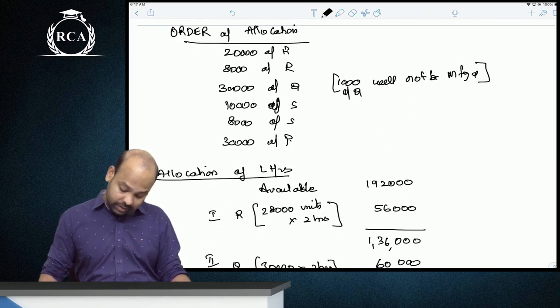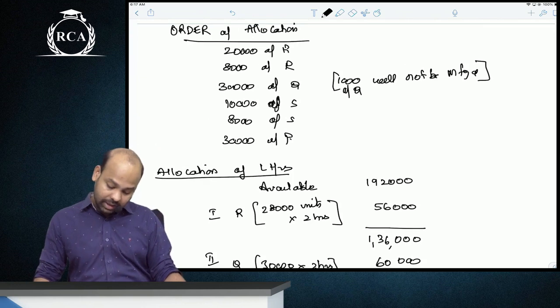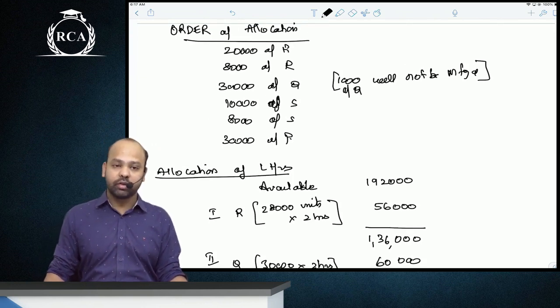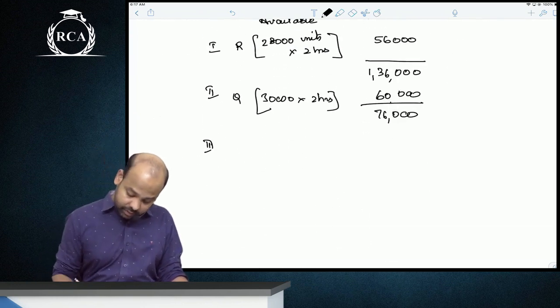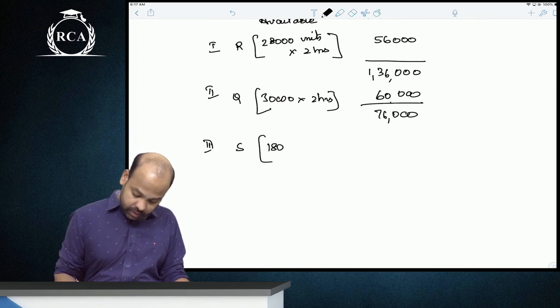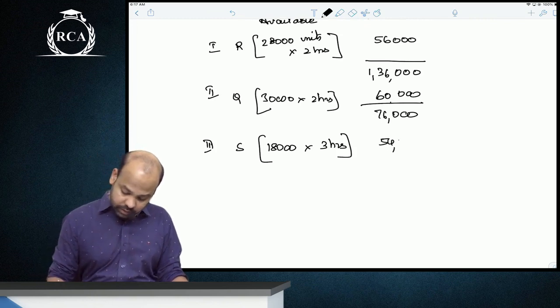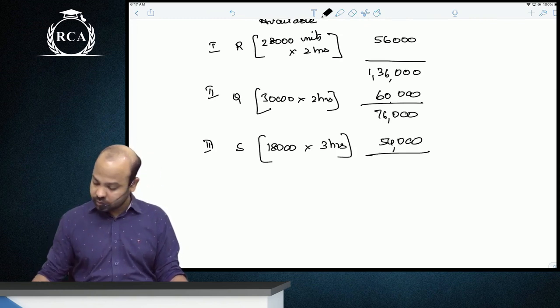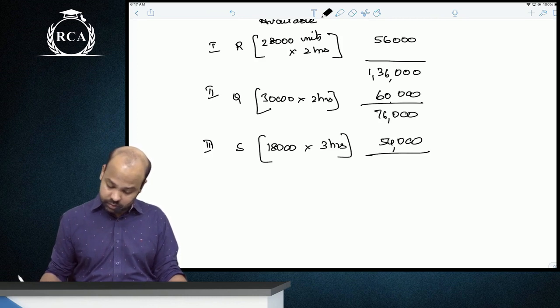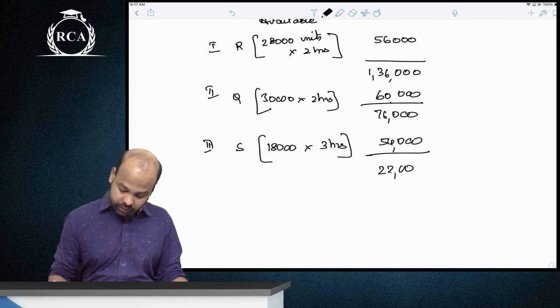Next preference was given to 18,000 units of S, that is 10,000 units of S and then 8,000 units of S. 18,000 units of S into 3 hours is 54,000 hours. So I will be left with 22,000 hours.